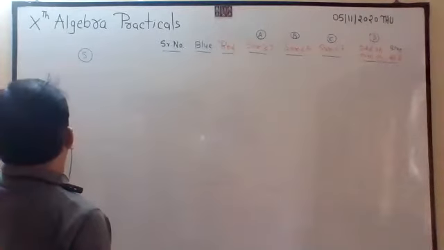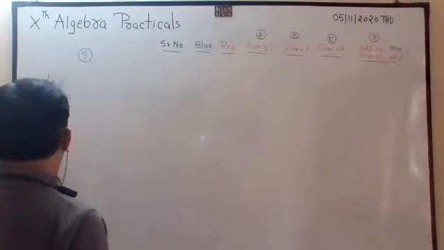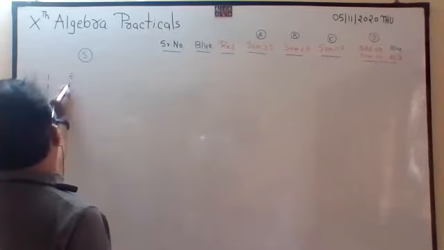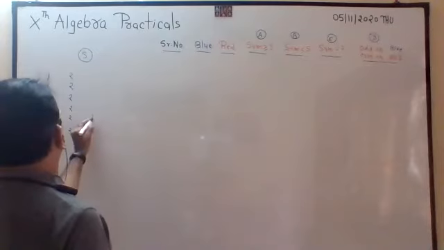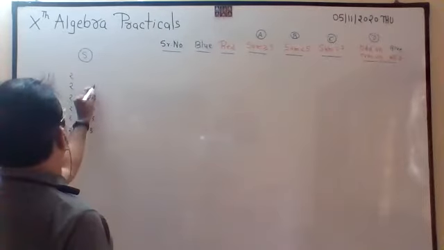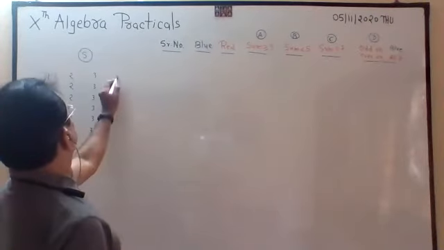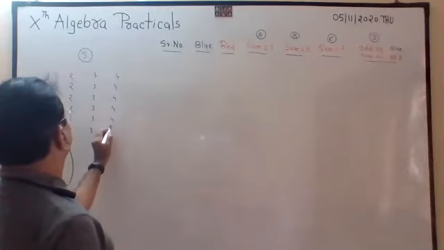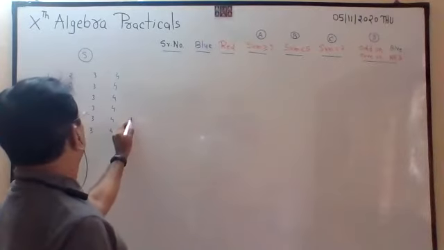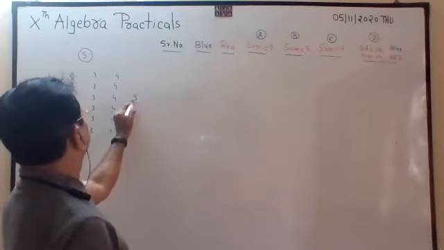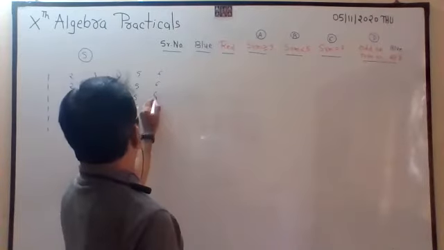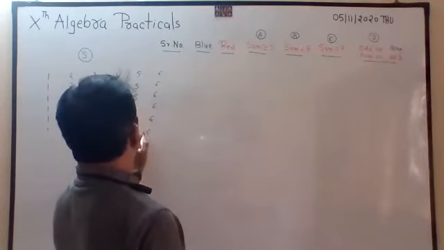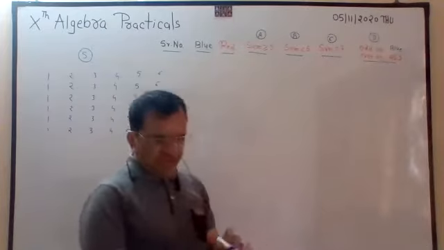So one, 6 times. 4, 6 times. 5, 6 times. Now in your practical, these columns are ready.